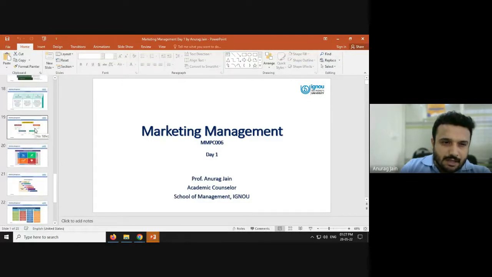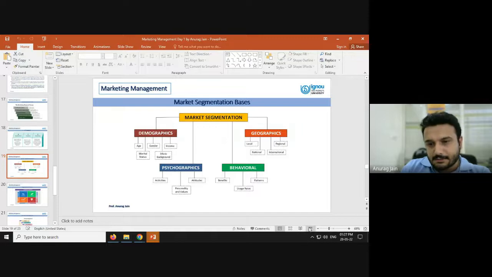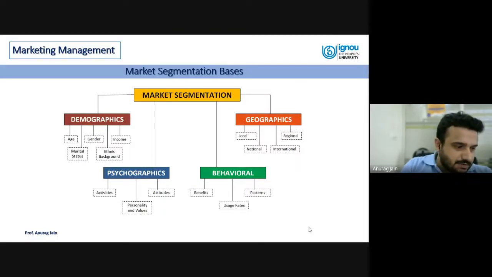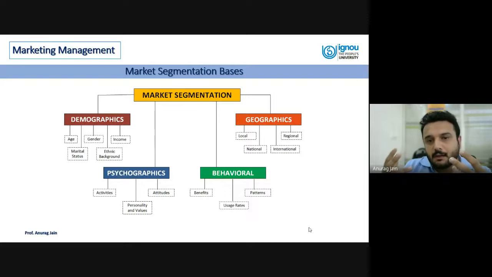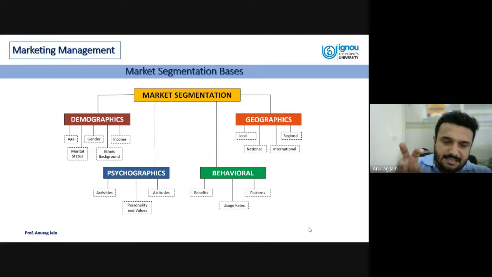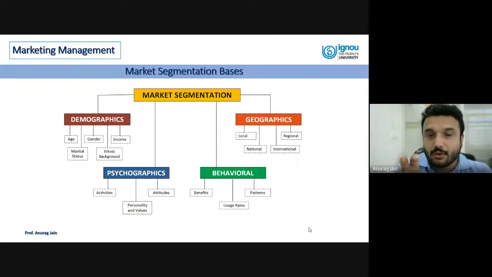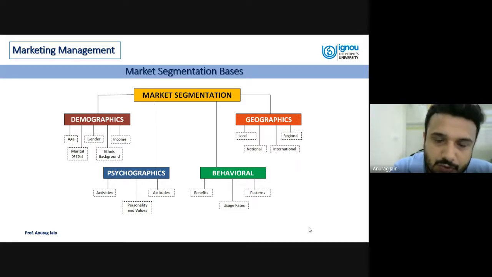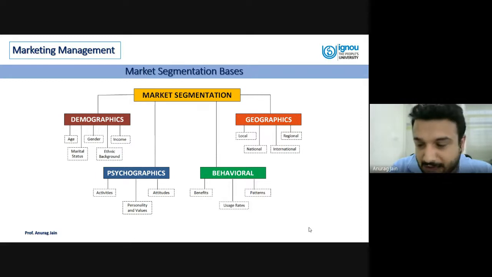The next thing to discuss is market segmentation, which makes the job of a marketer easy in a sense. If you have a specific set of audience in mind, specific groups whom you want to target, and they are very clear in your mind, it will make your job easy. And there are some bases one can use to segment the target audience, or the consumers we expect will be coming to our business.